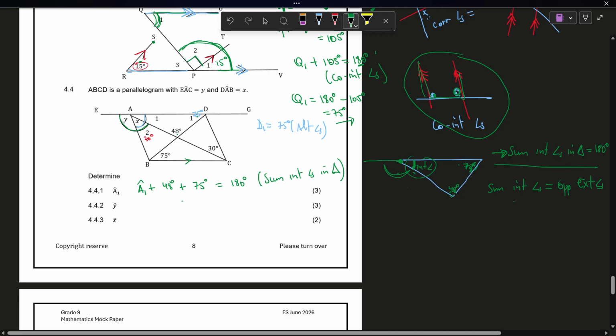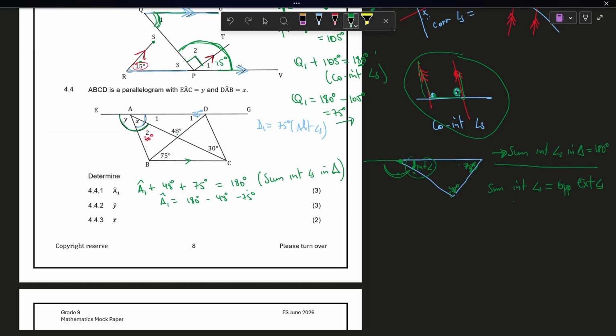And now we can solve for a1. So it's 180 minus 48 minus 75. And we just have to take a calculator and we get the answer, right?